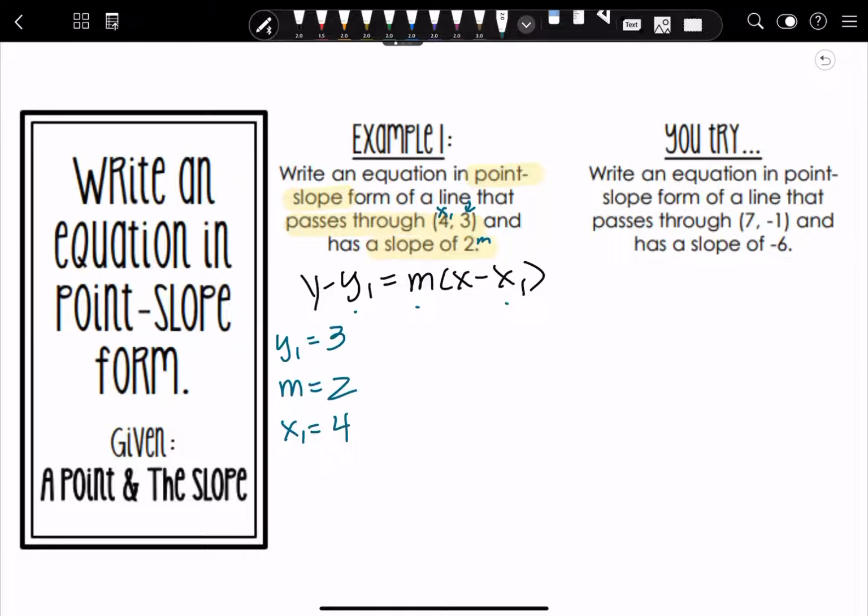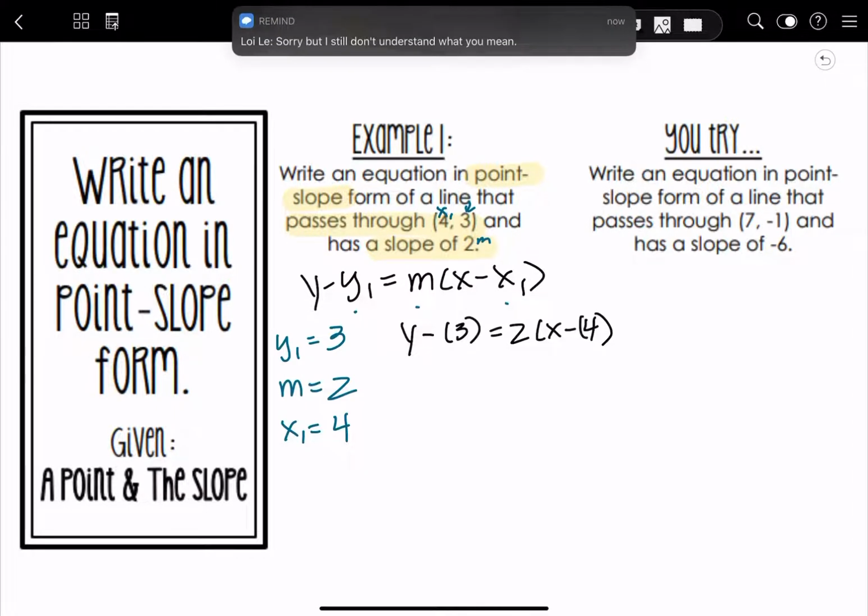So now what I end up getting is y minus your y1 of 3 equals 2 times your x minus x1, which is 4.